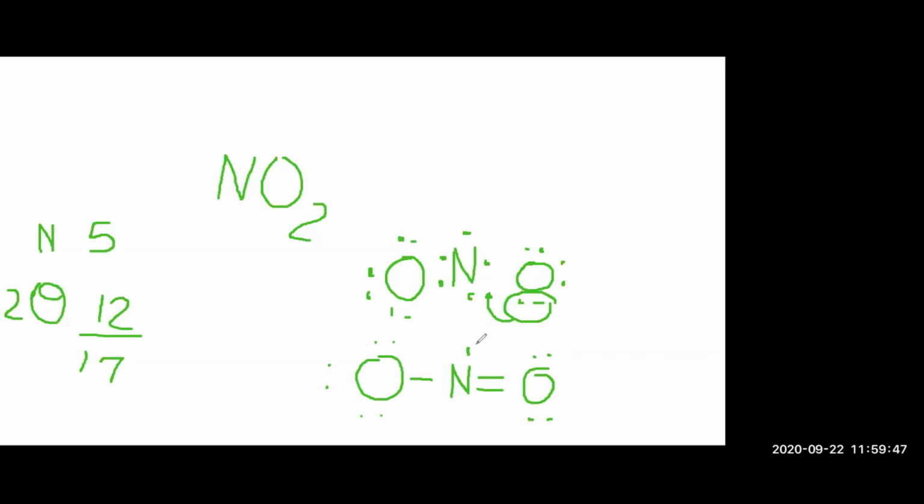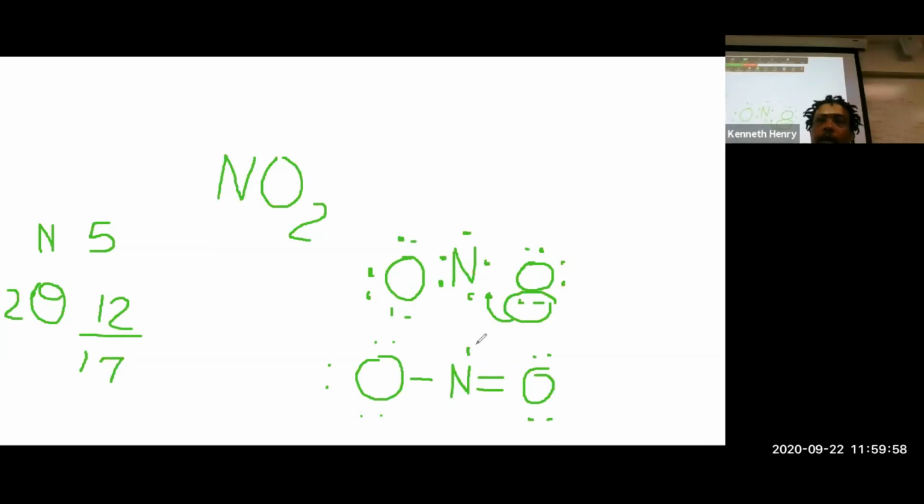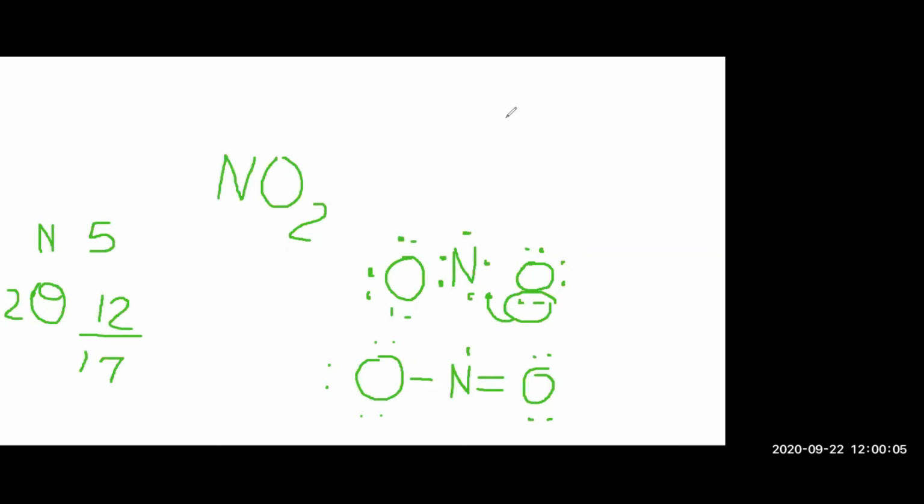Okay, and now for the HNO3, that one has 3 oxygens. So how do you know which one goes in the middle? Okay, so you tell me. Who's going to go in the middle in this case? HNO3. Probably nitrogen. Okay, that is correct.